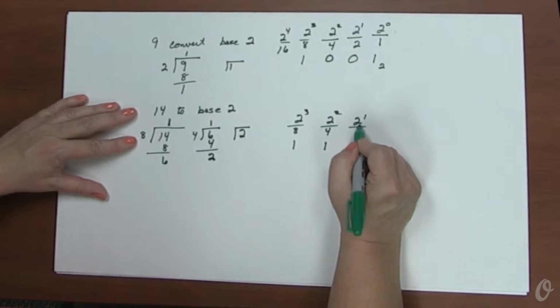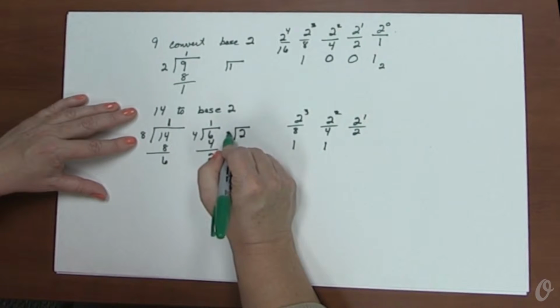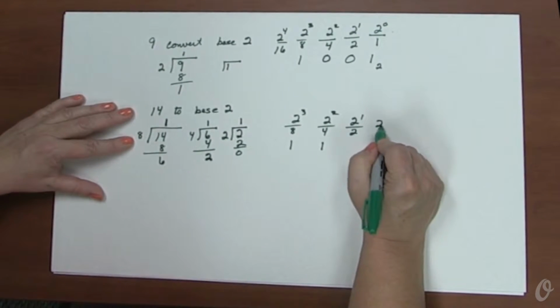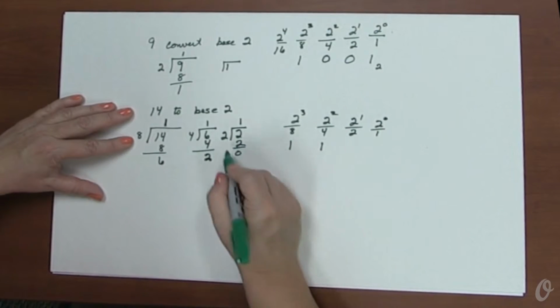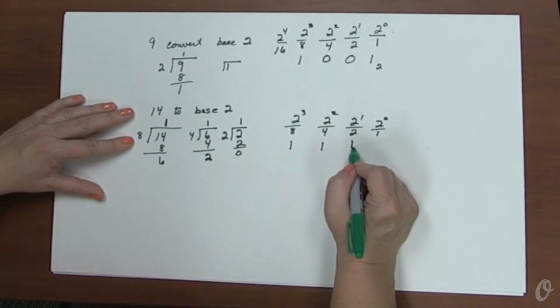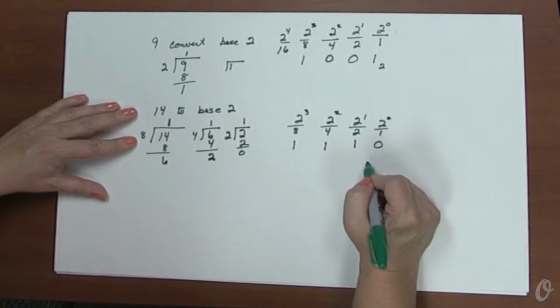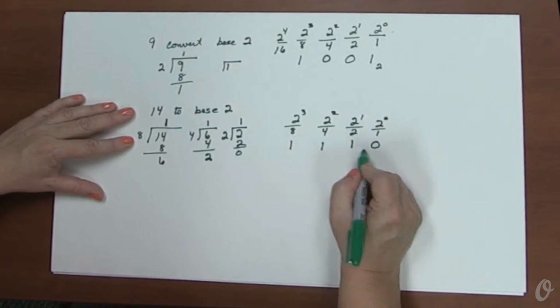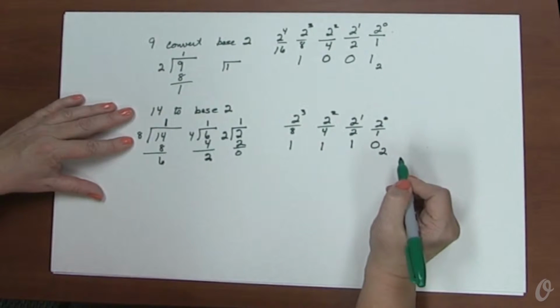And 2 to the first, which is 2, will go 1 time with a 0 remainder. So in my groups of 2, it took 1 group of 2, and I have a 0 remainder. So 14 base 2 is 1, 1, 1, 0 base 2.